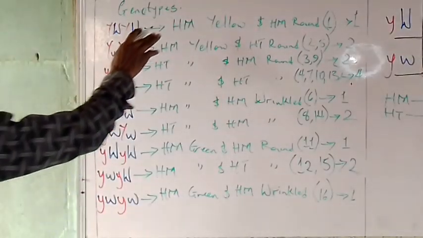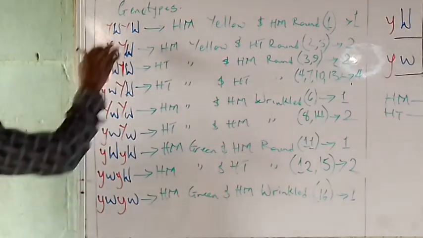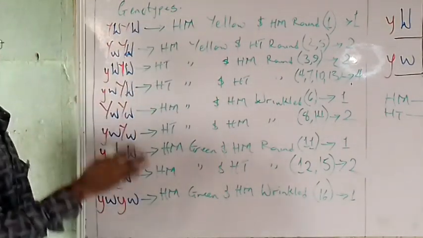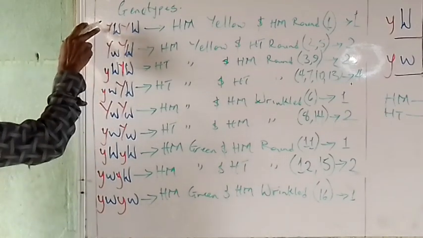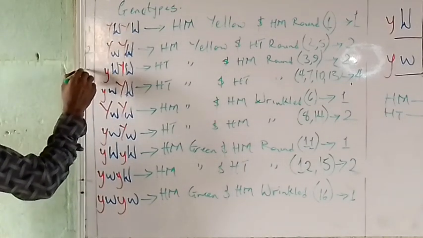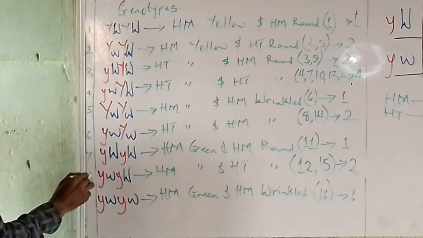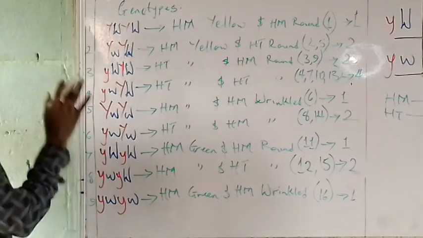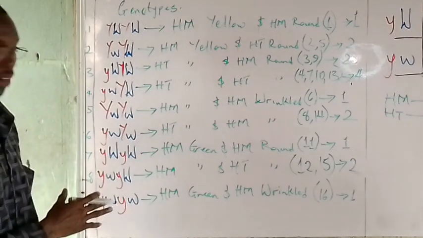So all of these that we have written out now, they are the genotypes. So they should be 9 in number. All of these genotypes for a dihybrid cross should give us a total of 9 outcomes. So let's count. This is 1, 2, 3, 4, 5, 6, 7, 8, 9. So that tells us that we are on track. That tells us that we are doing right.